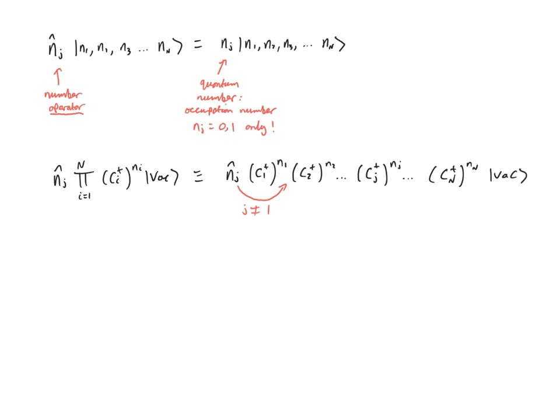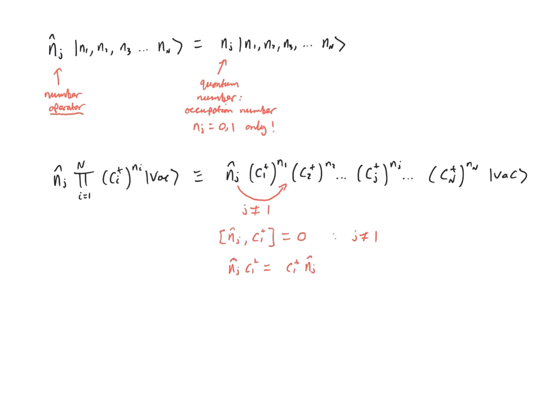We see it over here. So j is not equal to 1, and we know that the commutator of nj with C1 dagger is equal to 0 for j not equal to 1. So in practice, what this means is that nj C1 dagger is equal to C1 dagger nj. We can swap the order of these things.